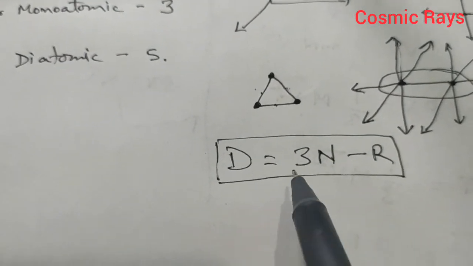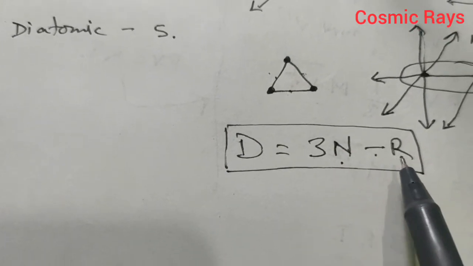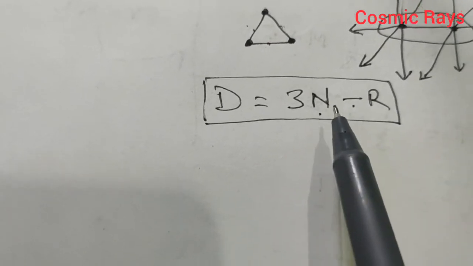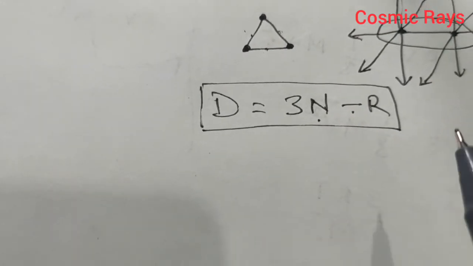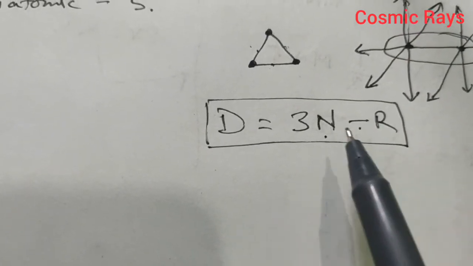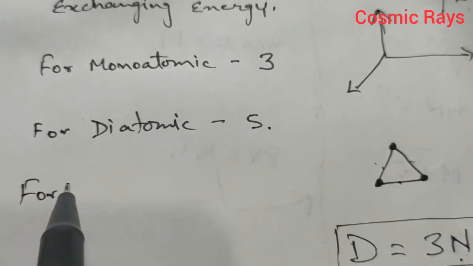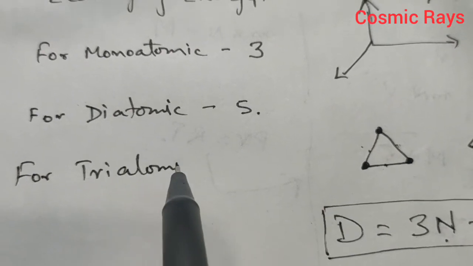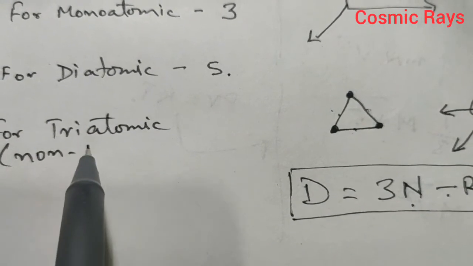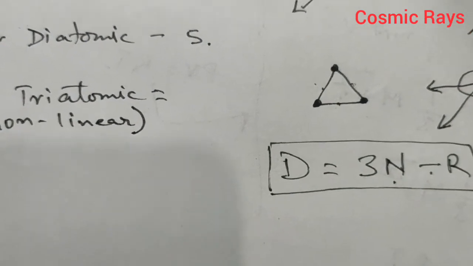So degree of freedom is equal to 3 into the number of molecules minus the restrictions or independent relation. So we know that for a monoatomic molecule or monoatomic particle, the degree of freedom is 3. So if we talk about triatomic and non-linear, then it is using this formula.